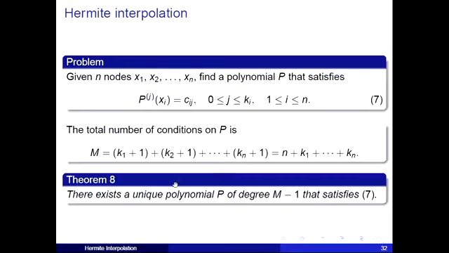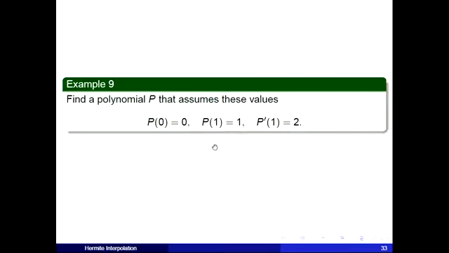So suppose we have this example. Suppose I want a polynomial that satisfies those conditions. So what is the degree of the polynomial? You see, now you have the values, and you have derivatives as well.